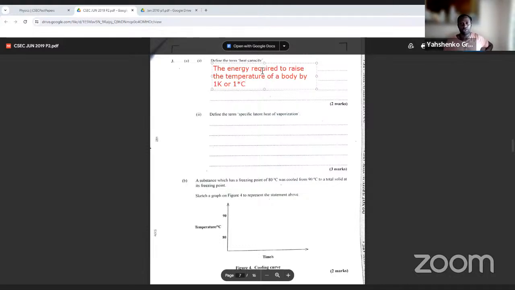So the energy required to raise the temperature of a body by 1 Kelvin or 1 degree Celsius. That is heat capacity.